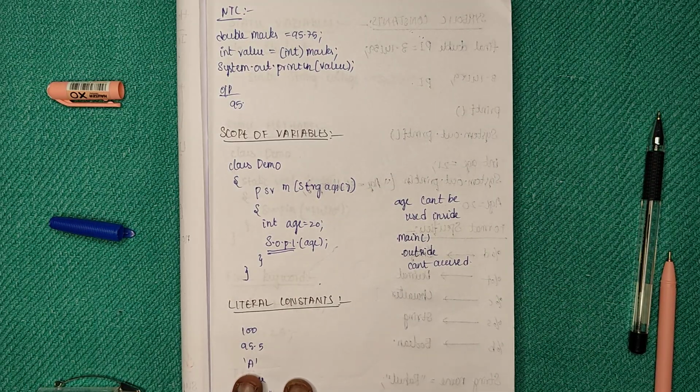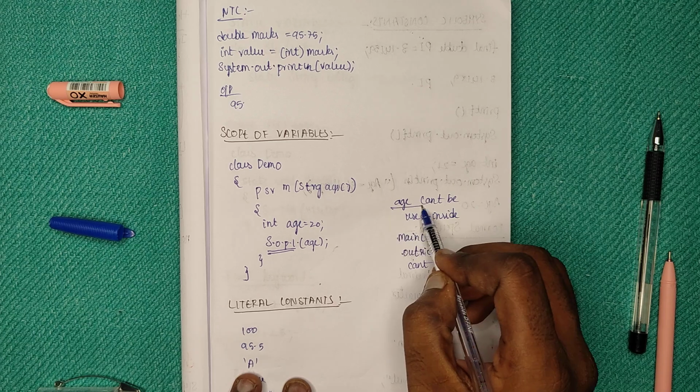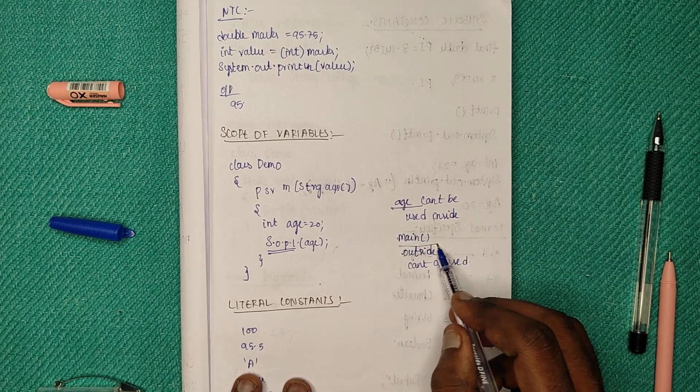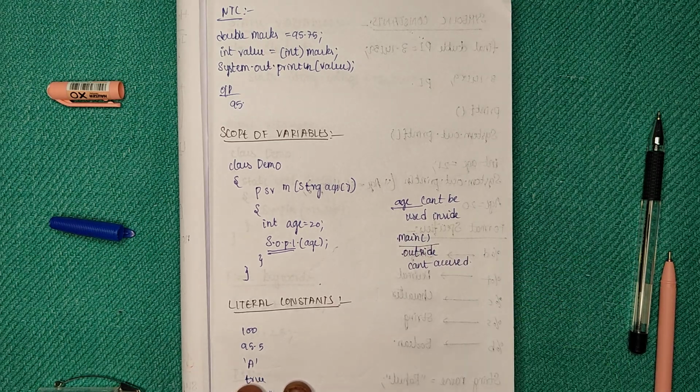Observe the program carefully. The variable age can be used inside main, but it can't be accessed outside. For example, your classroom key can only be used for opening your class, another class cannot. Similarly, a variable exists only inside its scope.